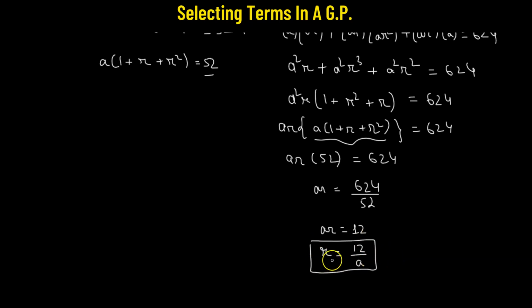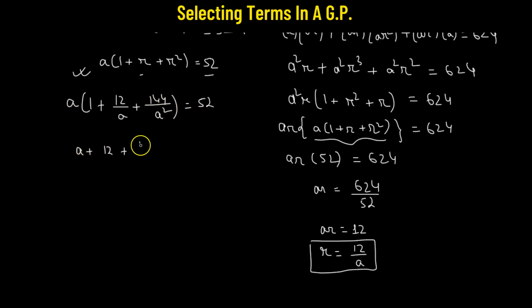Now we'll use this value to find the value of a by substituting r equals 12 over a in this particular equation. Here we have a multiplied by 1 plus r, so r will be 12 over a, plus r squared, which will become 144 divided by a squared, and this is equal to 52. Multiplying with a, we have a plus 12 plus 144 divided by a equals 52.